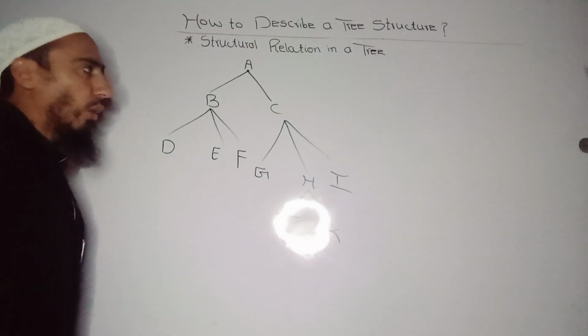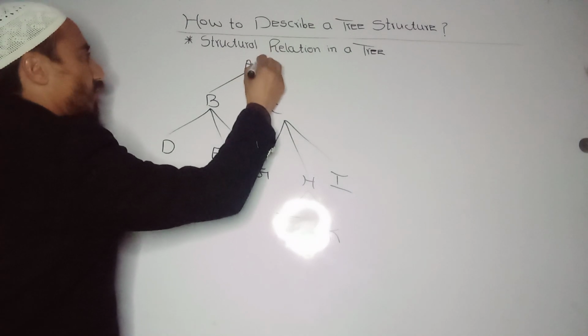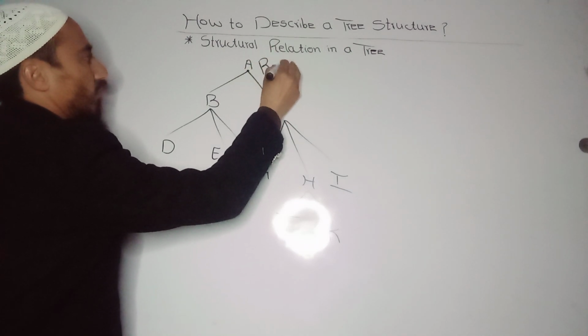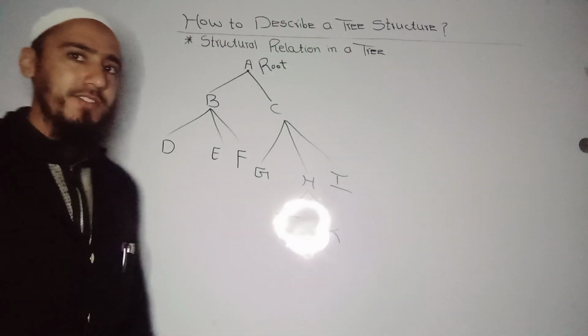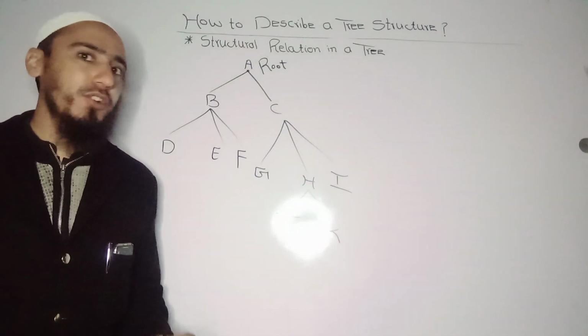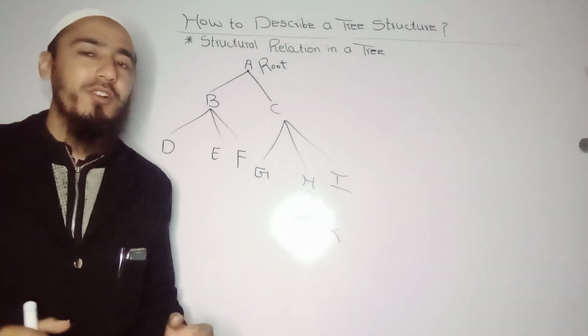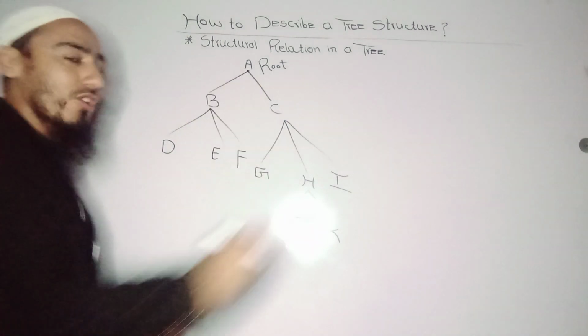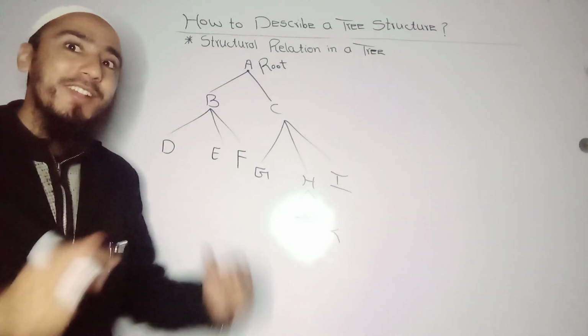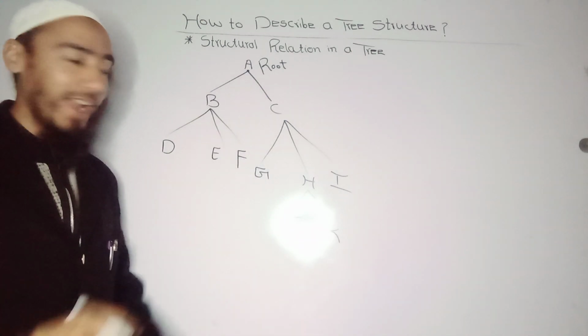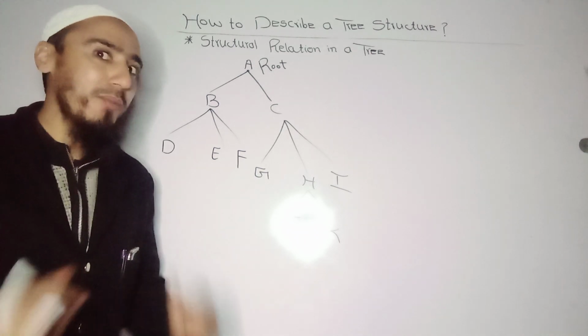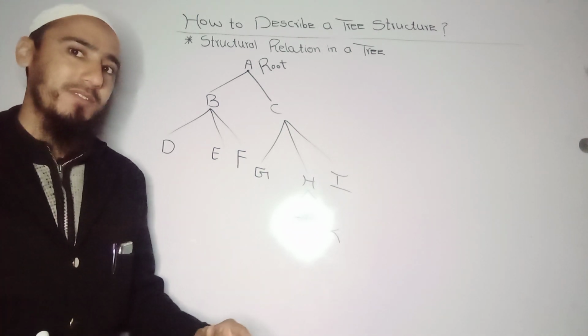Okay, now let's talk about this one. We call it the root node. The question arises: why do we call it the root node? We call it the root node because we draw all the nodes from the root node, and this root node dominates the other nodes.